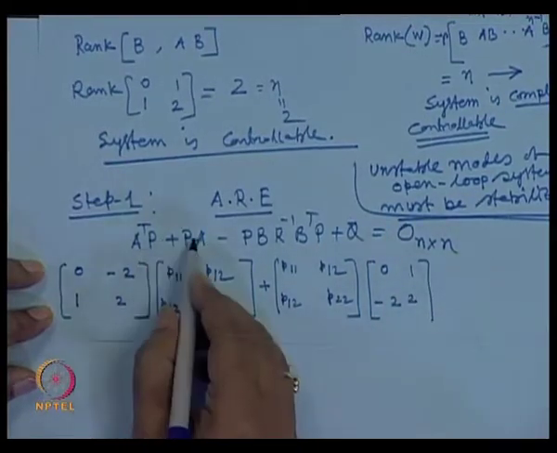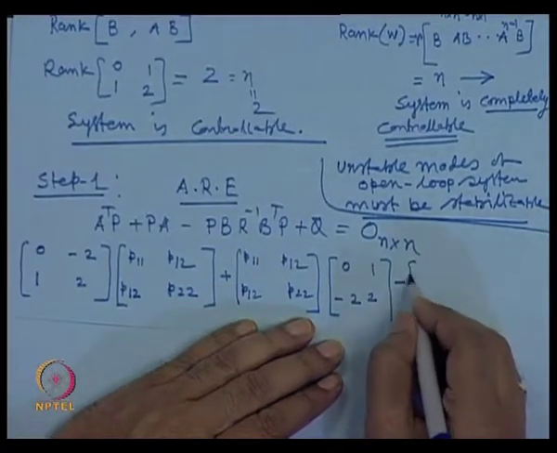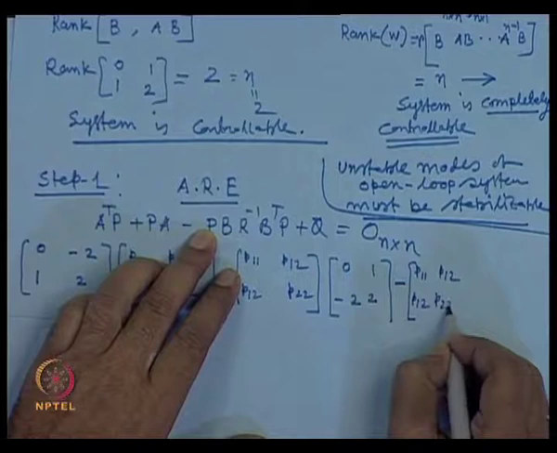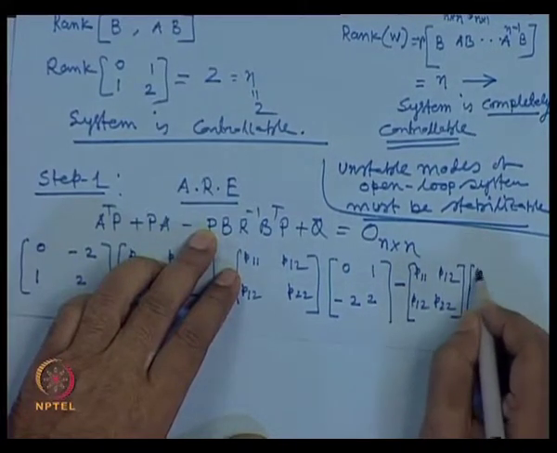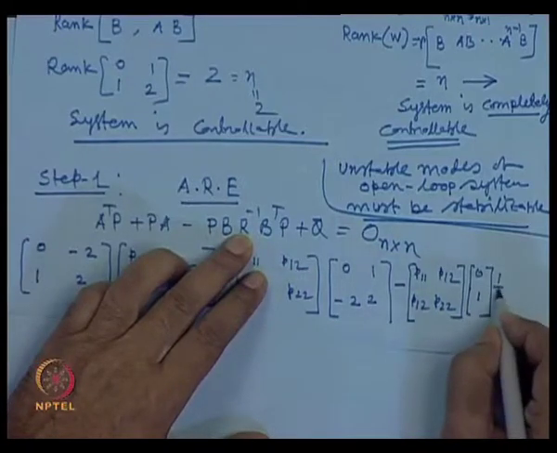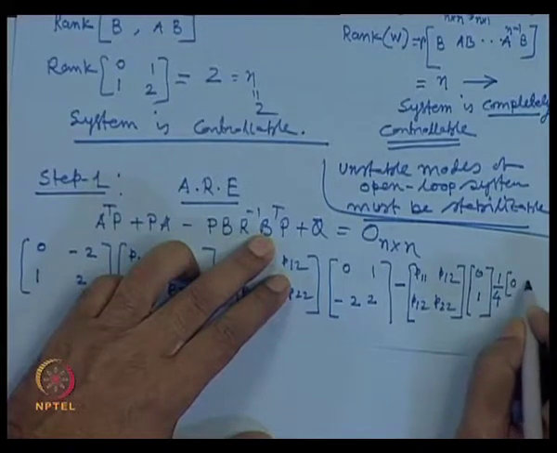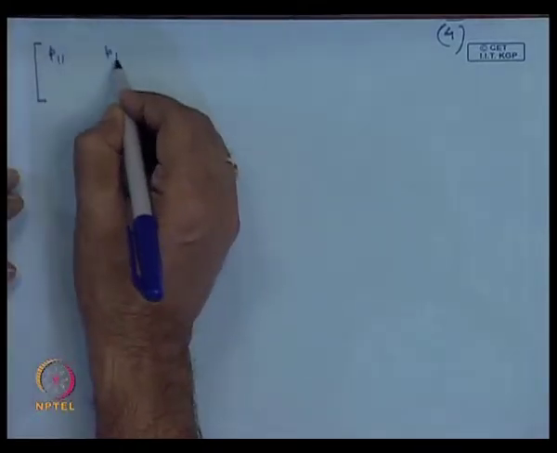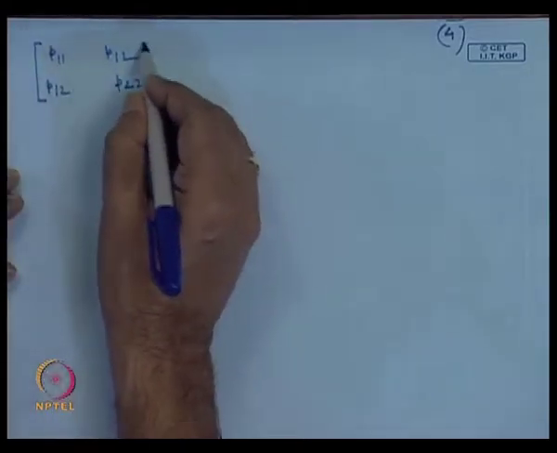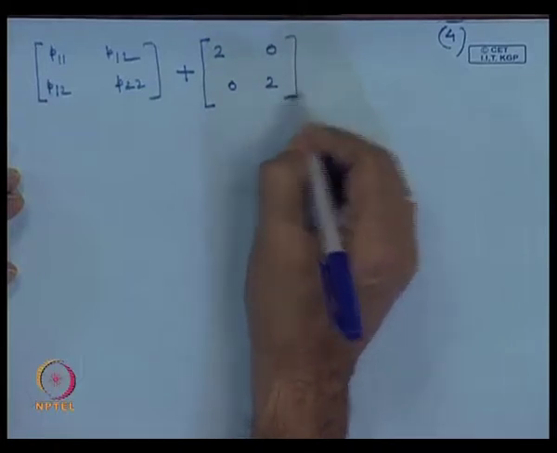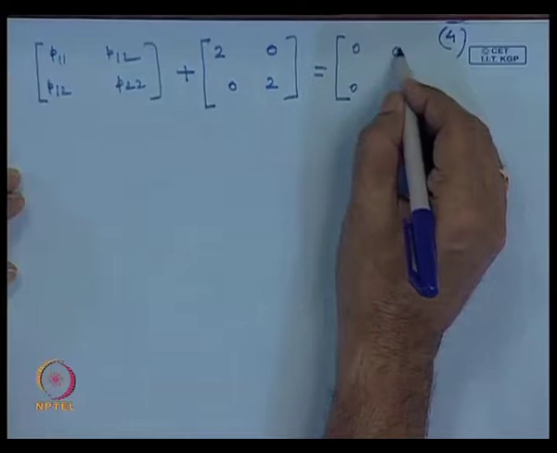Plus again P 1 1, P 1 2, P 1 2, P 2 2, multiplied by A, which is 0 minus 2 1 2. This is P A. Then minus P, P 1 1 P 1 2 P 1 2 P 2 2, times P B, where B is 0 1, then R inverse, R is 4 so R inverse is 1 by 4, then B transpose is 0 1, multiplied by P, which is P 1 1 P 1 2 P 1 2 P 2 2. Then plus Q, a diagonal matrix where each element is 2.